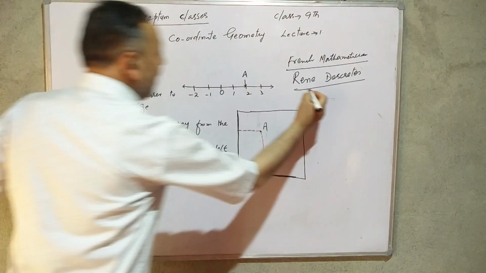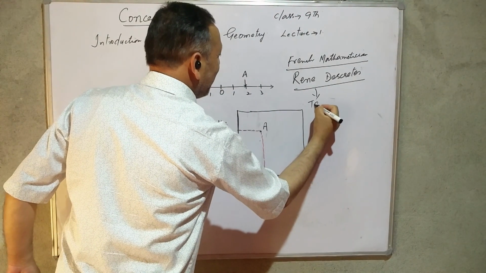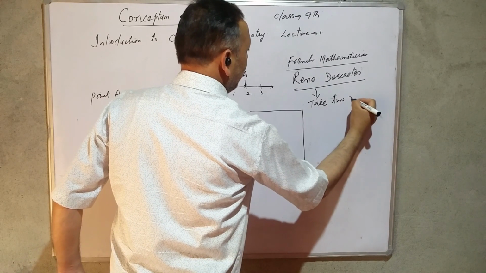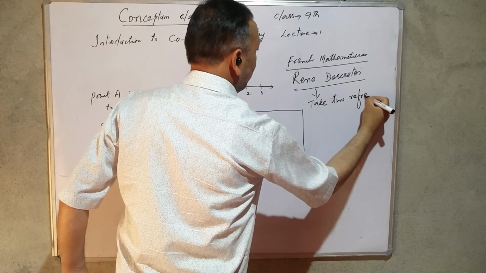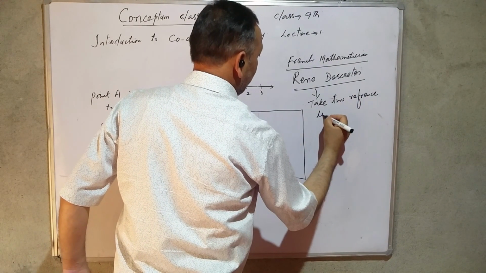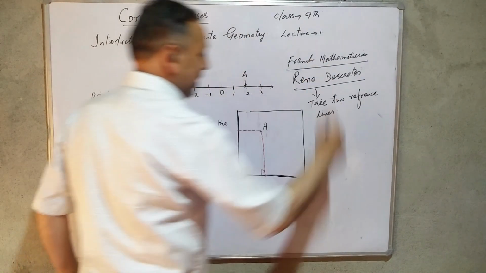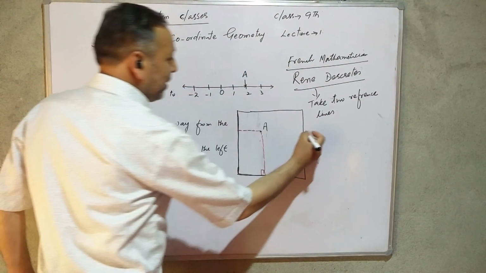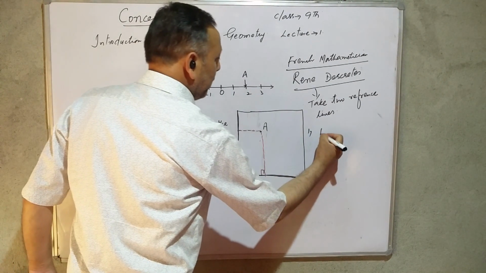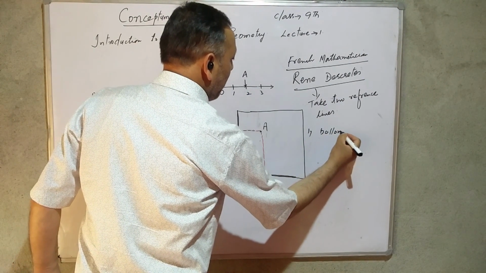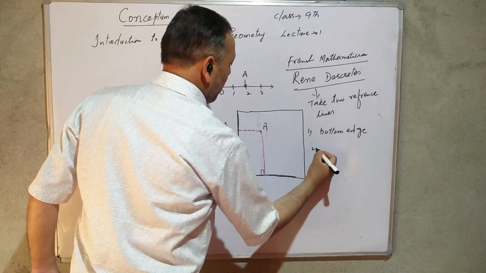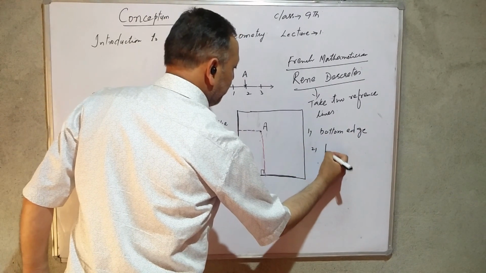Then what did Descartes say? Take two reference lines. Here in this case, number one, the bottom edge, and number two, the left edge.